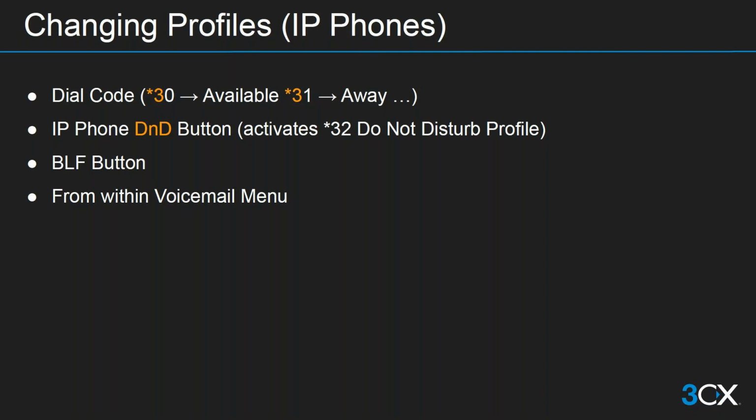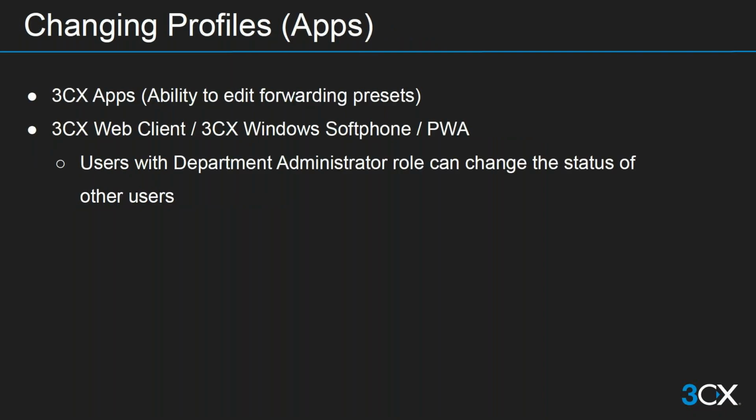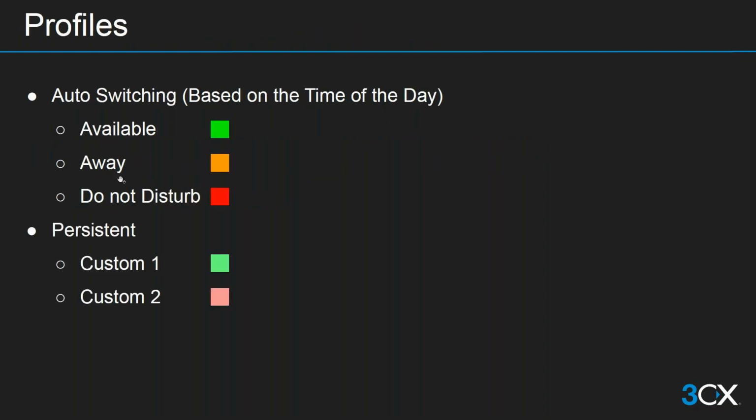You cannot see that. Why? Available, do not disturb, away, custom 1 and custom 2 are system settings, which can only be shown using system tools.